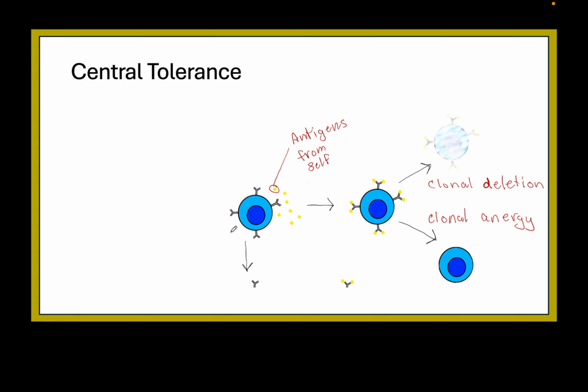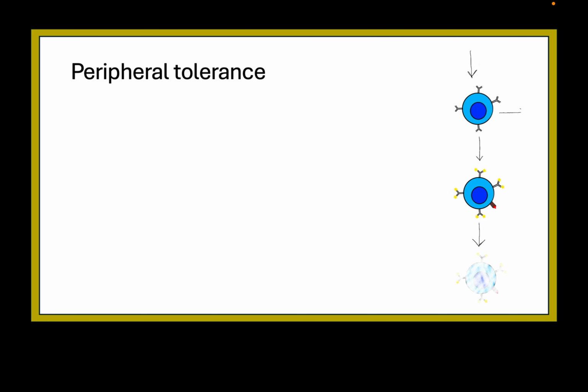So if the B cells don't bind to self antigens, they are going to go down this different pathway and potentially leave the bone marrow to be exposed to other things. So here they've gone through this first selection process of negative selection, making sure that they don't bind to self antigens.